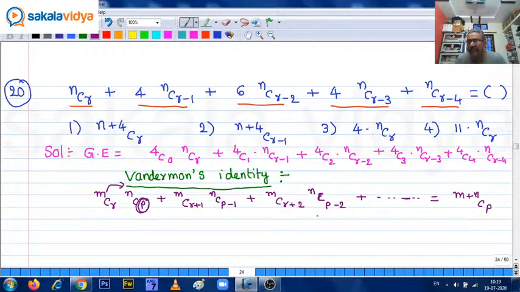Using this, here m is 4 and n is added to it, and we need to take r.